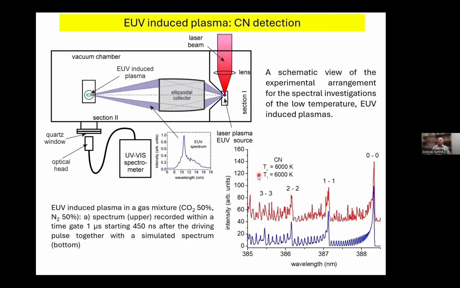Employing the spectrometer for UV and visible light, we obtained such a spectrum corresponding to formation of CN molecules, radicals in principle, which was detected also in other laboratory astrochemistry experiments.